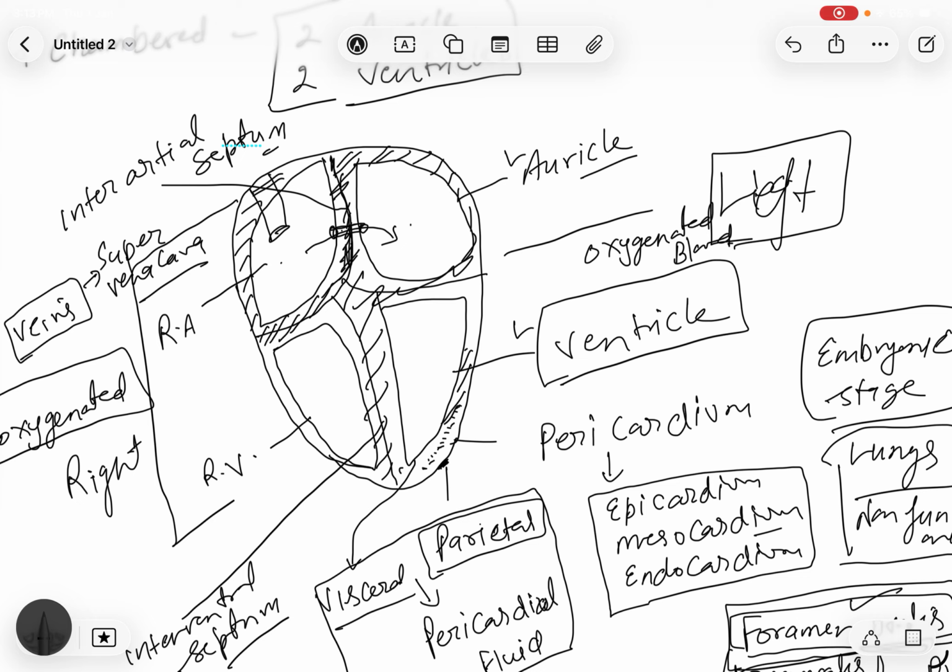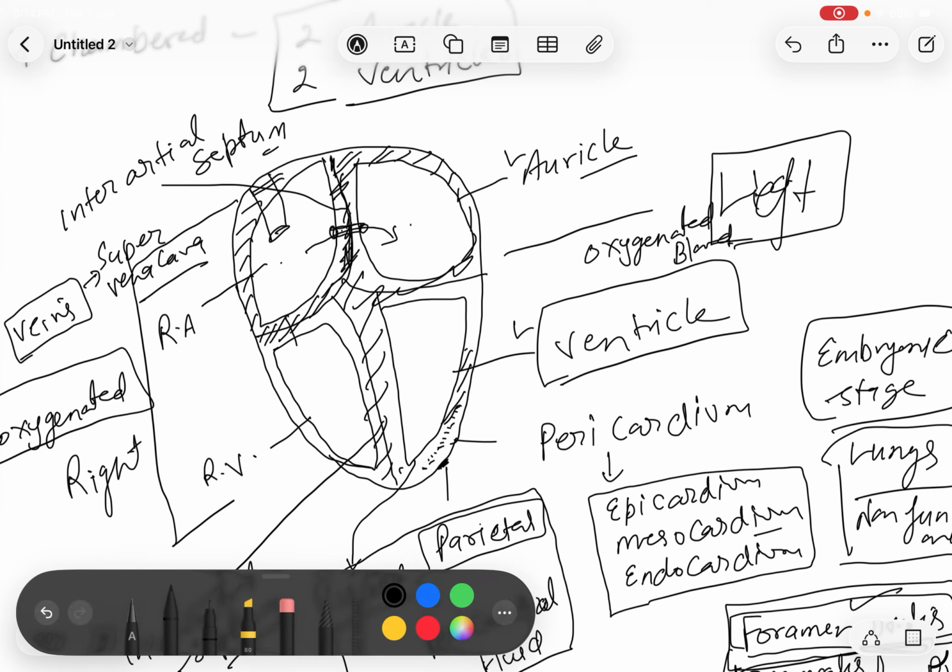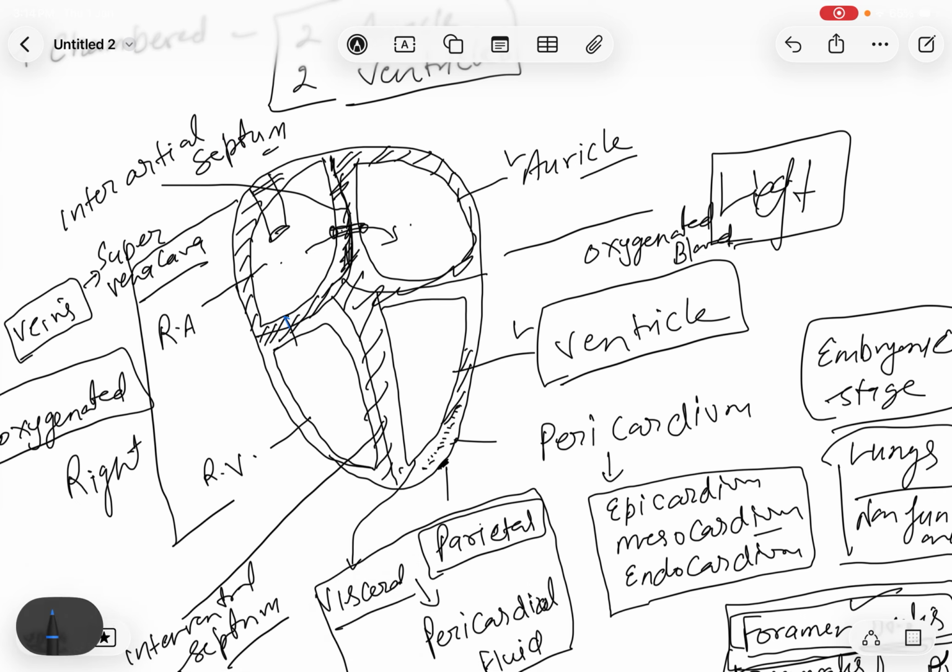The right auricle opens into the right ventricle, and this opening has three valves, known as the tricuspid valve.